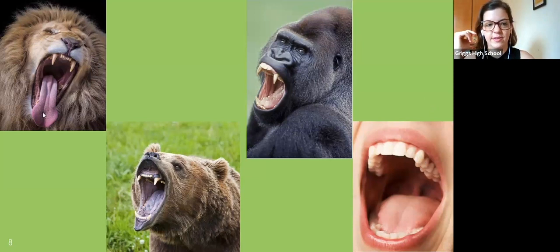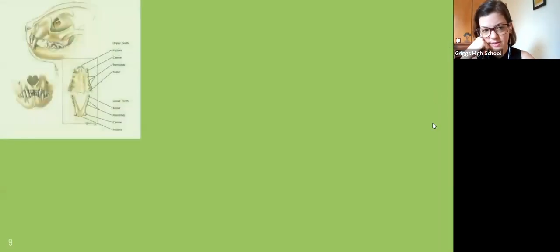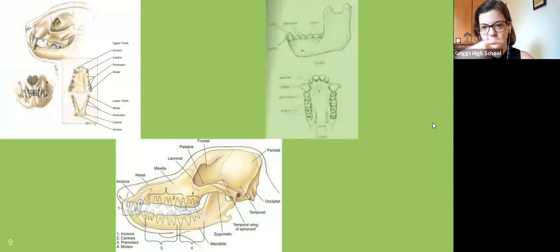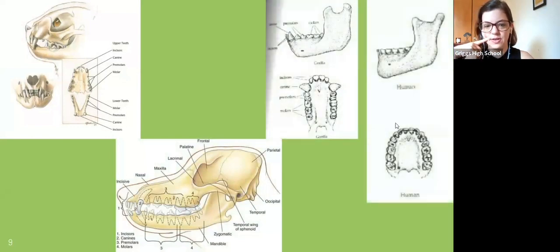Then we can talk about the roughness of the tongue, the structure of the dental arch as well. Carnivores and omnivores have blades in the molars, and we have flat molars.